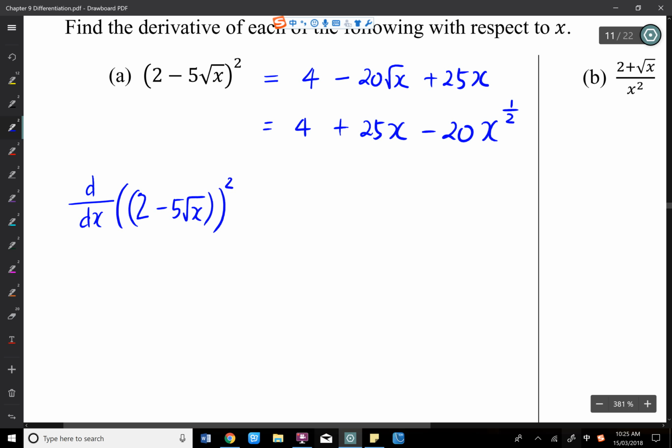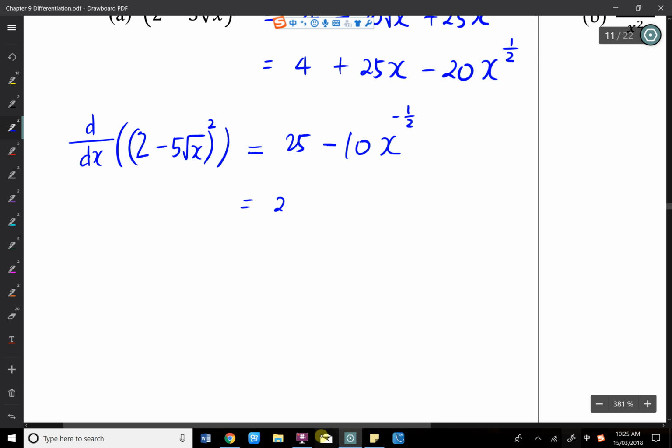There's no y equals, there's no f x equals, so I need to make the notation d dx of that equals, well, equals what? 4 becomes 0, 25x is 25, minus 10x to the power of negative a half. Half minus 1 is negative a half. So that's 25 minus 10 over root x.